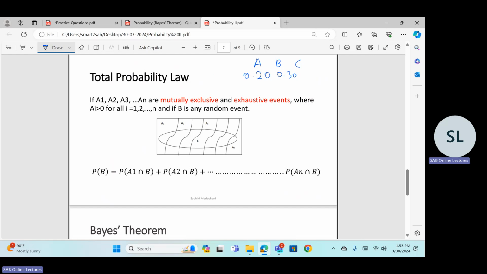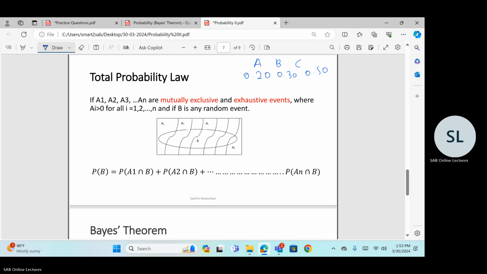So 50% of the production uses machine C. Their total production is 100%. 20% is produced using machine A, 30% using machine B, and the rest using machine C.